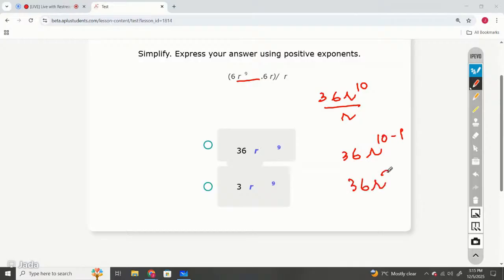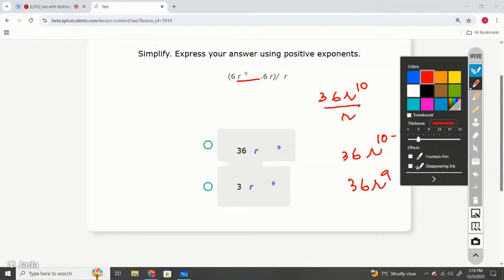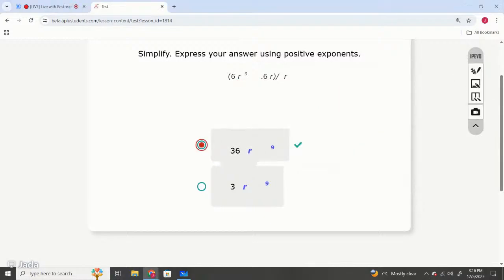So that is 36 r9. Option number 1 is the correct option.